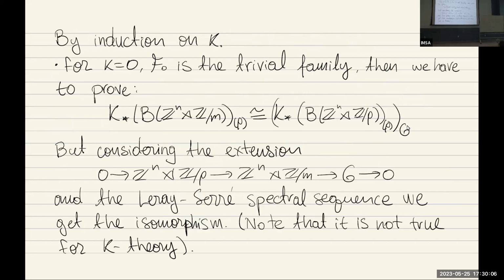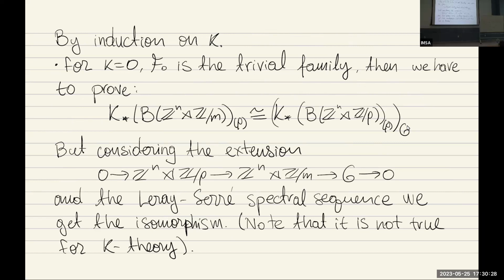And oh, sorry, I'm out of time. Okay, let me go quickly. The idea is that for k equal to 0, we have to prove that the homology of the classifying space is just the coinvariants of the K-homology of the classifying space for the Z^n action, and the idea is the same.